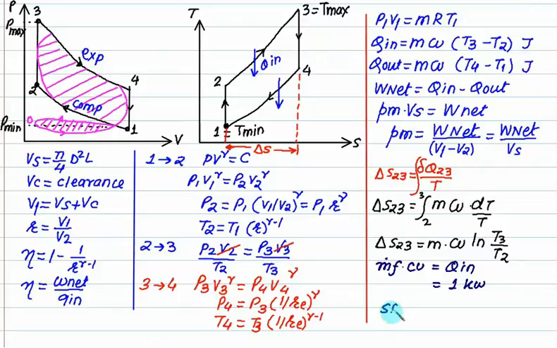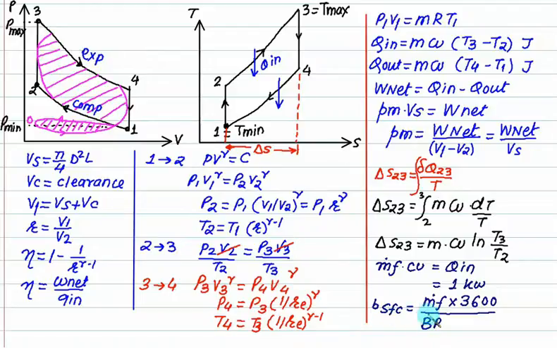So SFC here will be defined as mass of fuel consumed multiplied by 3600, the conversion factor from kg per second to kg per hour, divided by power produced. And the power produced is basically brake power.